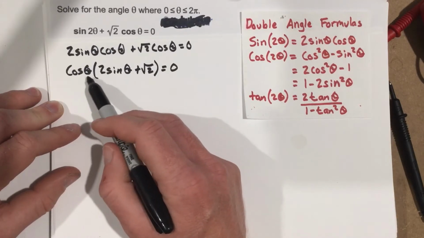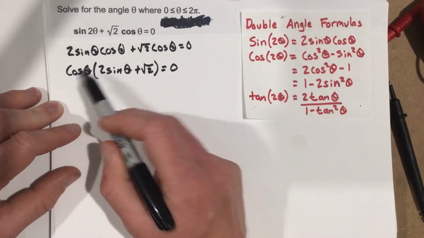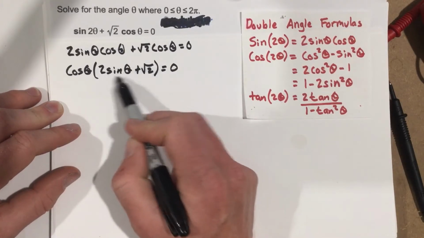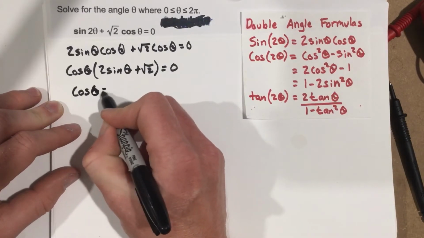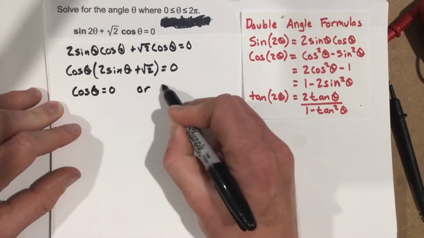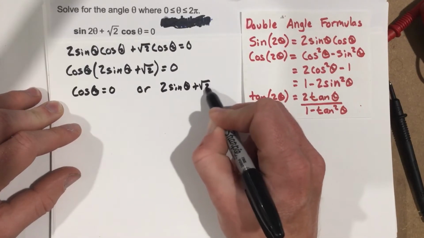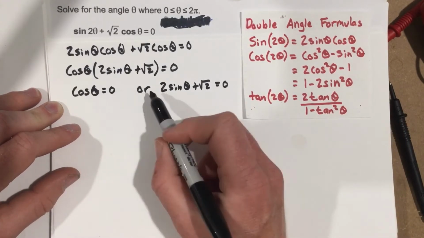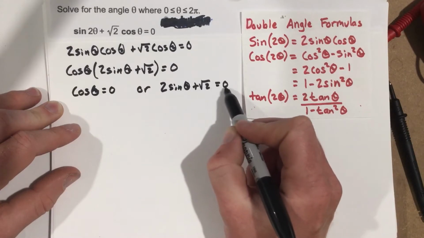Because I know that with the zero product property, cosine theta has to equal 0 or 2 sine theta plus root 2 has to equal 0. So cosine theta equals 0 or 2 sine theta plus root 2 equals 0.